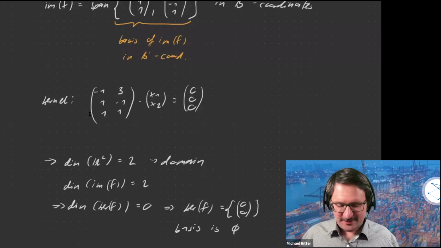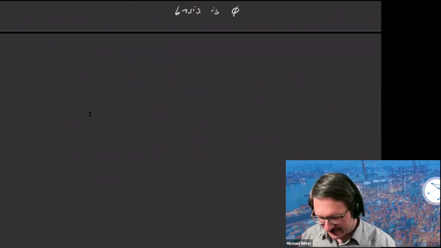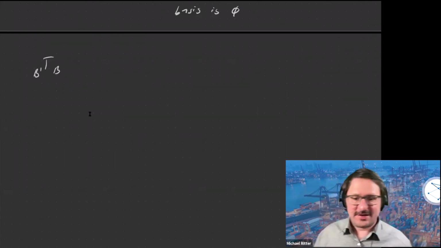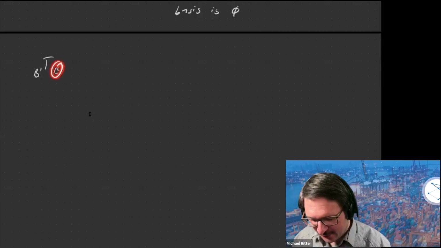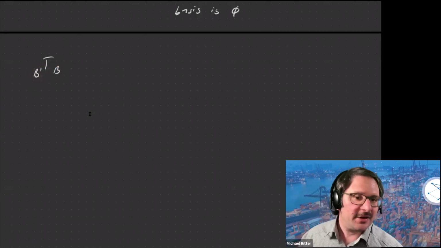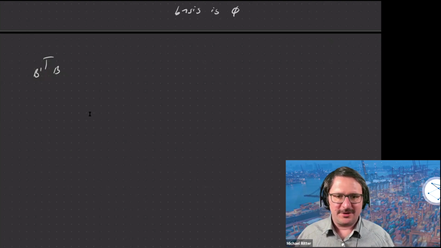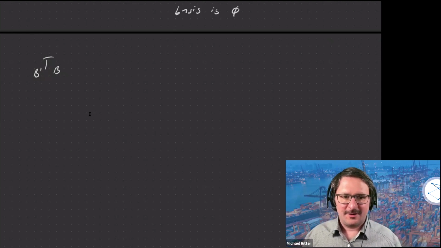A transformation matrix like this here always means the input vectors have to be given in B coordinates and the output vectors will be given in B prime coordinates. So you always need two coordinate systems to define such a transformation matrix. I'm not sure if I got the question right, actually, but I couldn't think of a better answer yet.